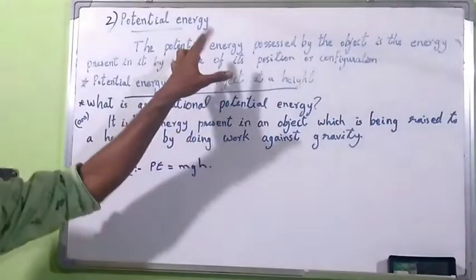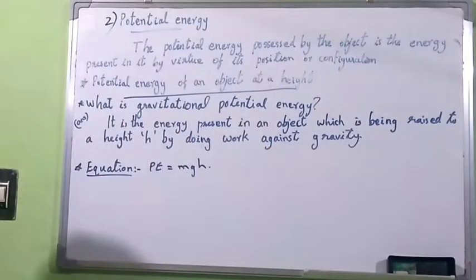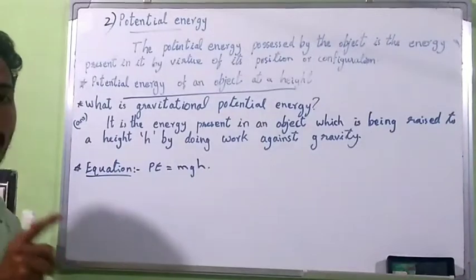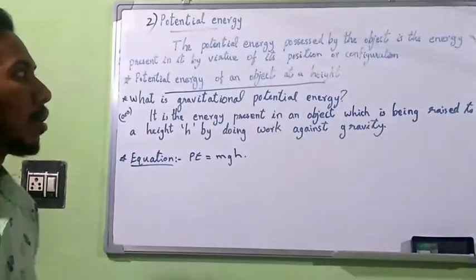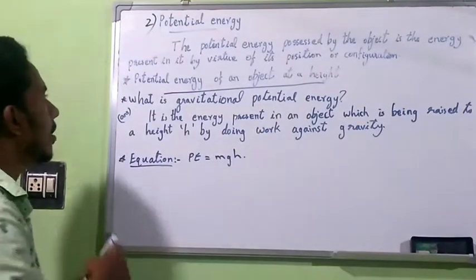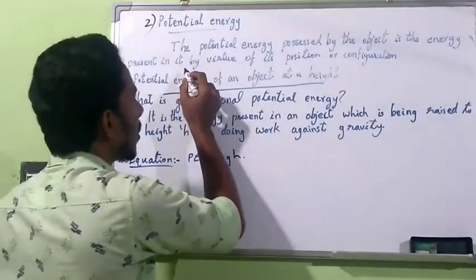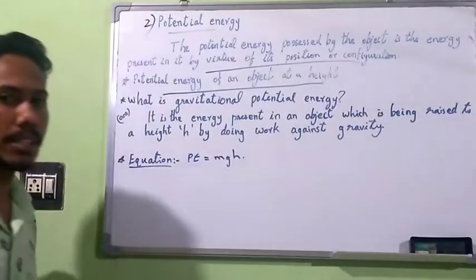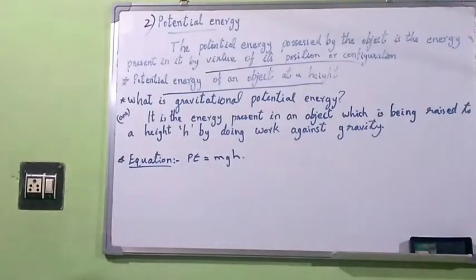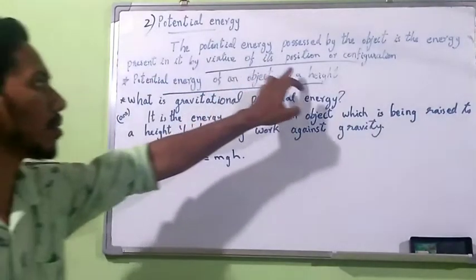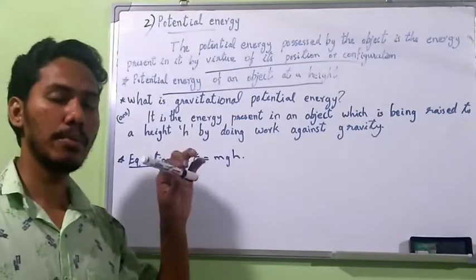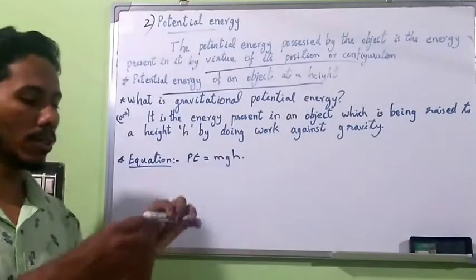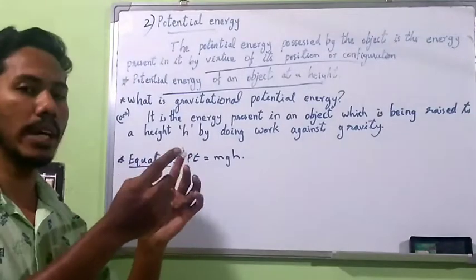The potential energy of an object is due to its position. Kinetic energy is due to its motion or its speed. The potential energy possessed by the object is the energy present in it by virtue of its position or configuration. This object has potential energy because I raised this object to a height.